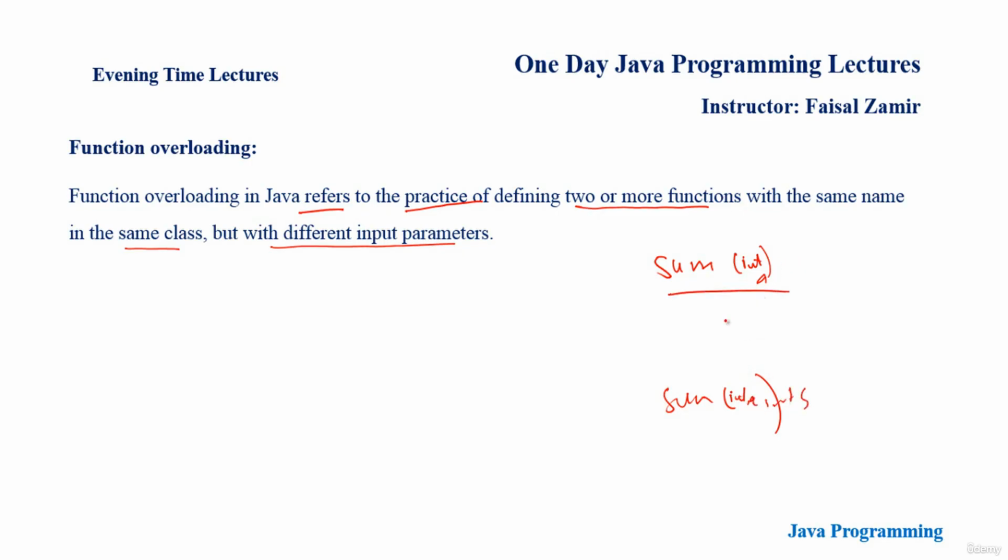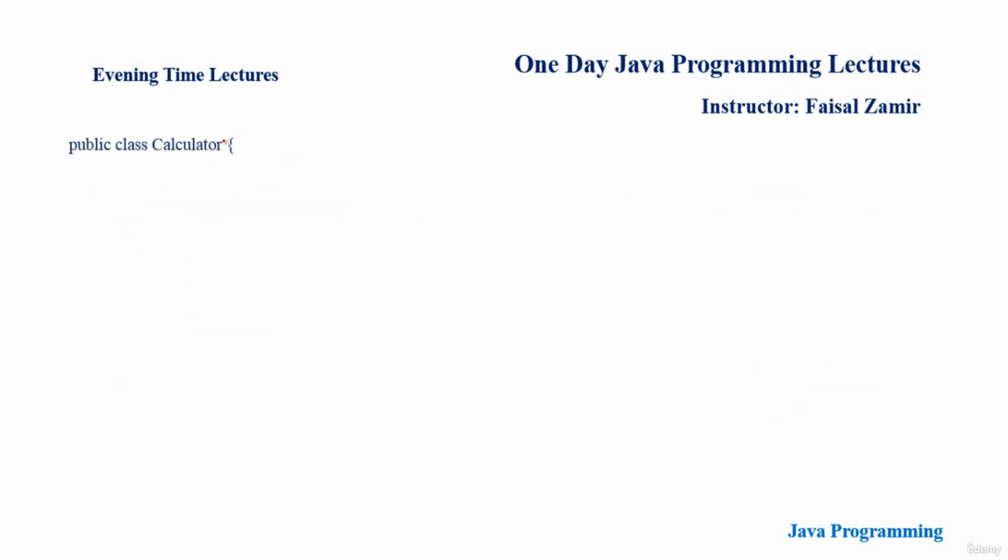So the function name is the same but the parameters differ. You can also change the order of their data types. That will create function overloading. So in Java you can create function overloading by creating more than one function with the same name but with differences in their parameters.